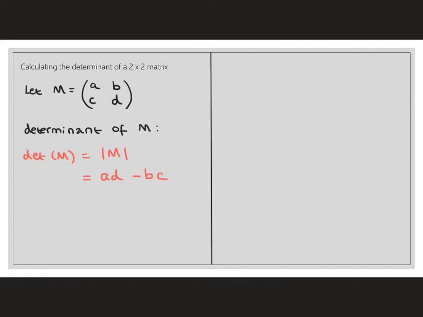The determinant is sometimes also referred to as delta. So if you see that symbol, you know that means determinant as well.